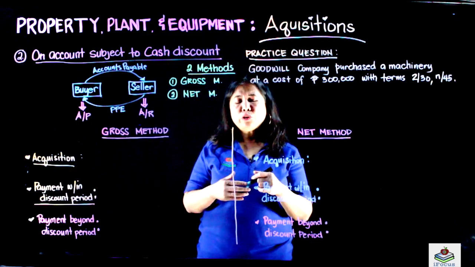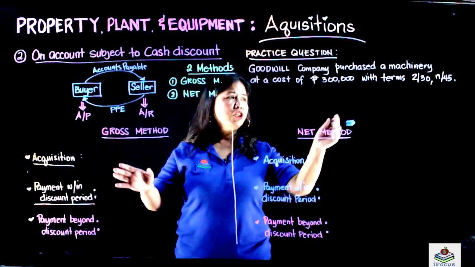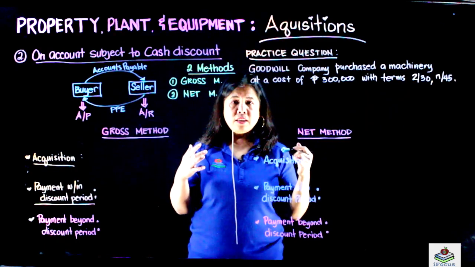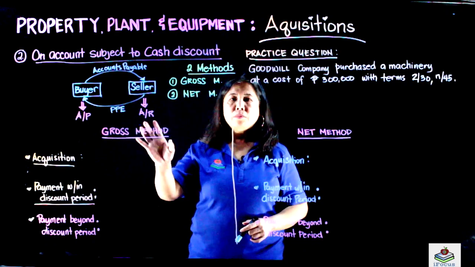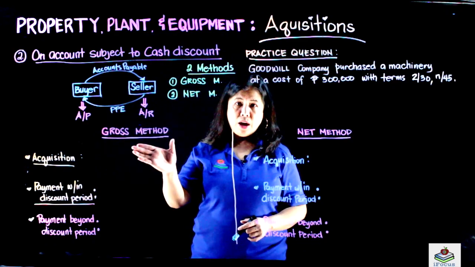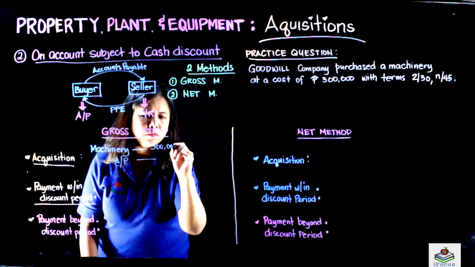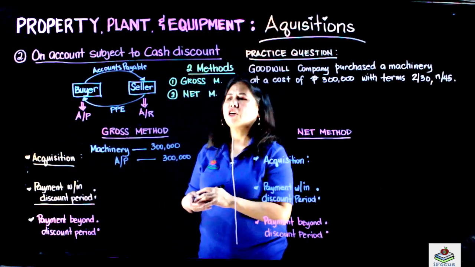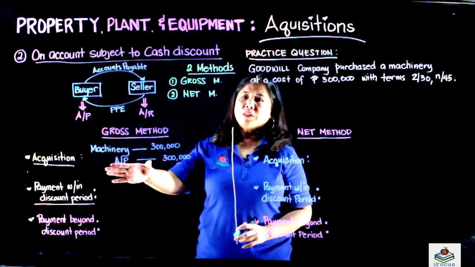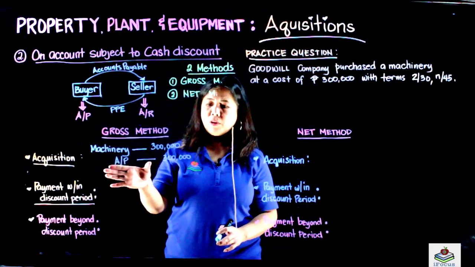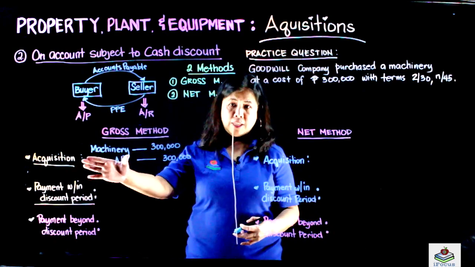So, on the acquisition date, nung in-acquire ng buyer ang machinery na ito, ang ating entry using the gross method is debit to machinery and credit to accounts payable. Ang entry natin on the gross method is debit to machinery of 300,000 and credit to accounts payable of 300,000. Yan ang entry natin sa acquisition date.